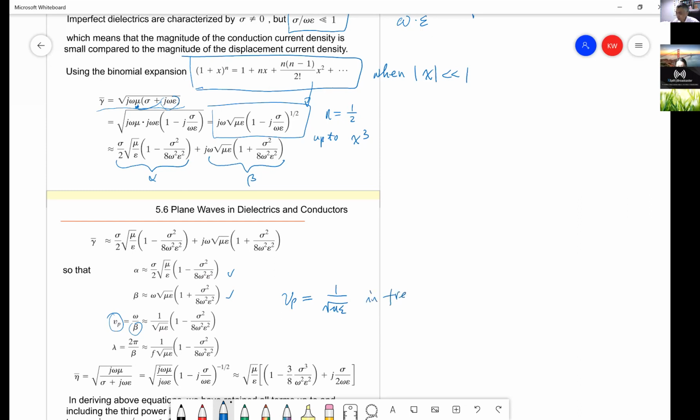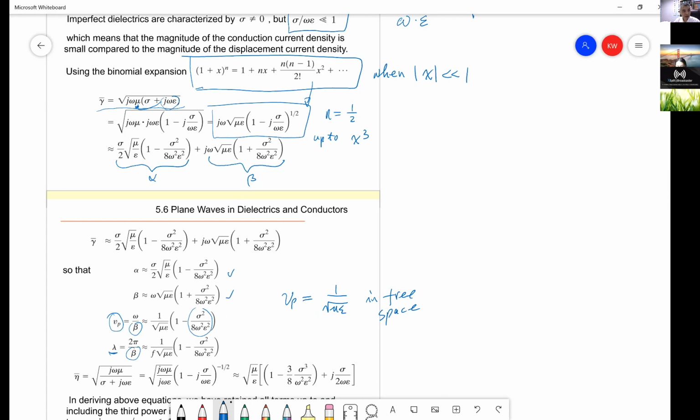But now the phase velocity is slightly slower because we have a second term. Once we know beta, we know the wavelength, so the wavelength is also slightly shorter.